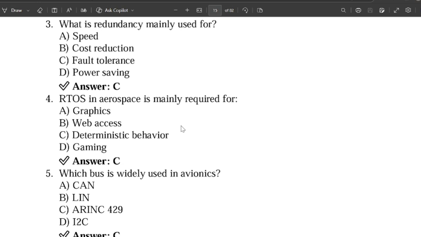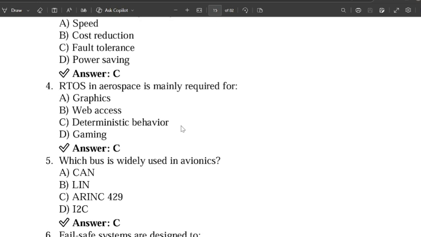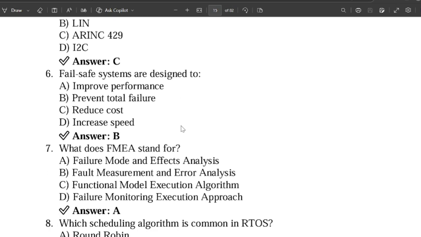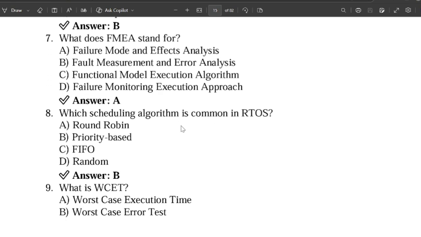RTOS in aerospace is mainly required for deterministic behavior. Which bus is widely used in avionics? ARINC 429. Fail-safe systems are designed to prevent total failure. What does FMEA stand for? Failure mode and effects analysis.